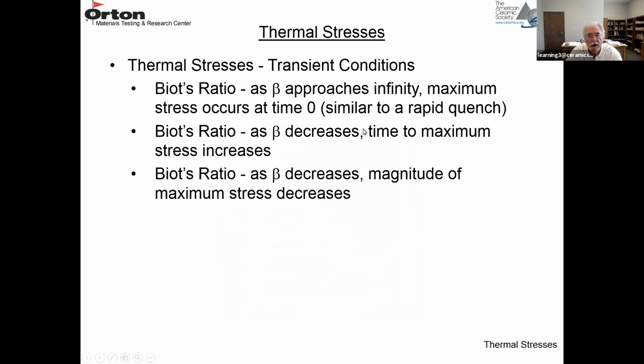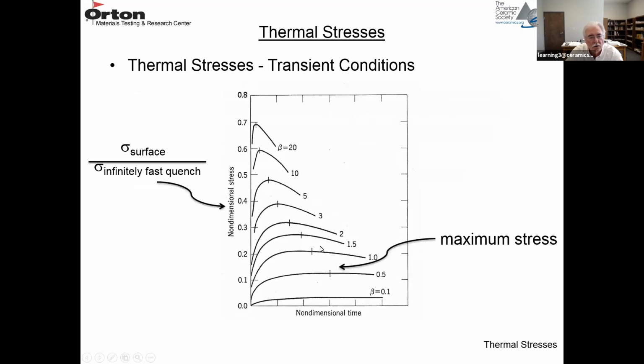So that's a very rapid quench. As beta keeps increasing, and this graph stops at beta equals 20, but if it approaches infinity, this numerator here would be the same as the denominator, so we'd have an infinitely fast quench, and the stresses would develop instantaneously.